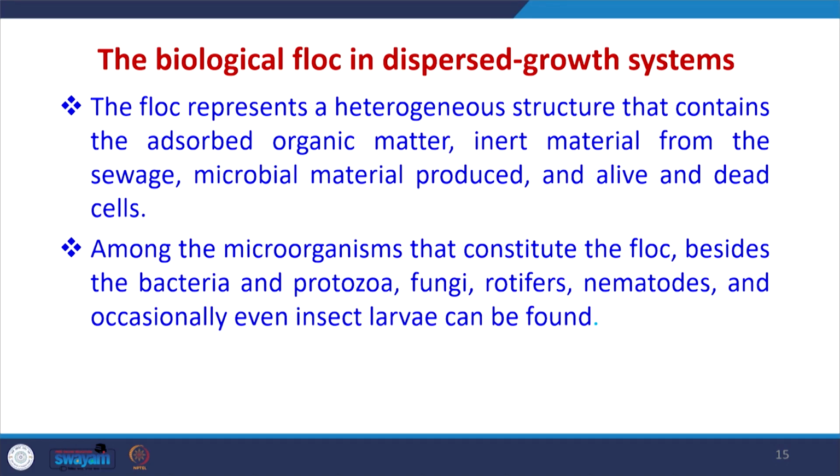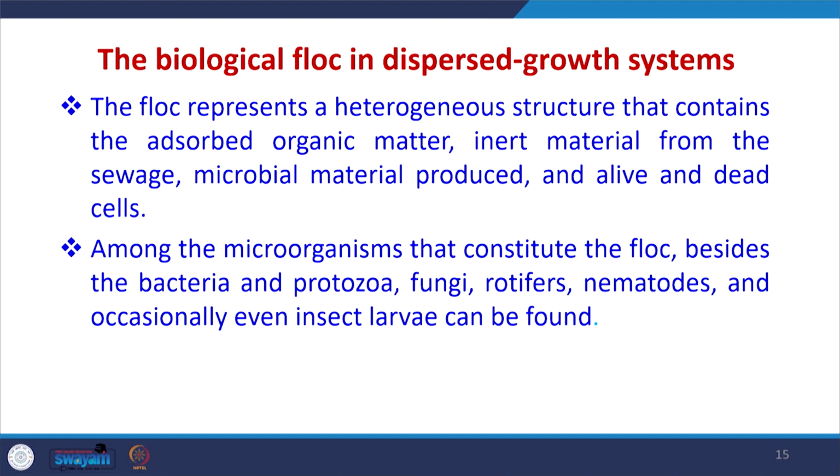Then the biological flock: what is the flock which is present inside the dispersed growth system? The flock represents a heterogeneous structure that contains the adsorbed organic matter, inert material from the sewage, microbial material produced during the treatment, and alive and dead cells also.